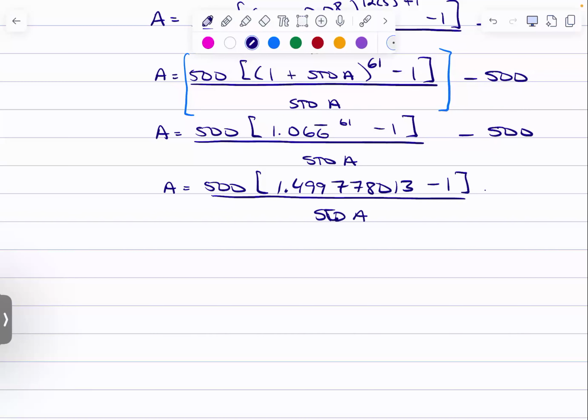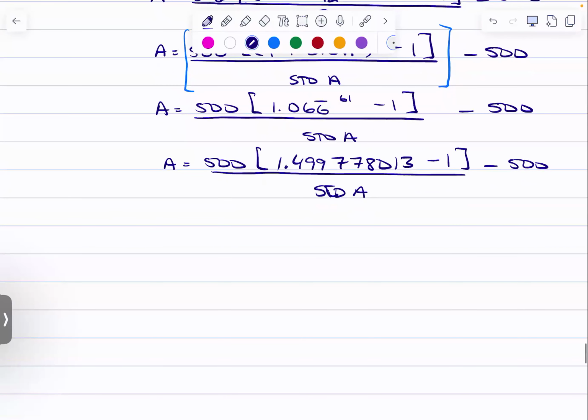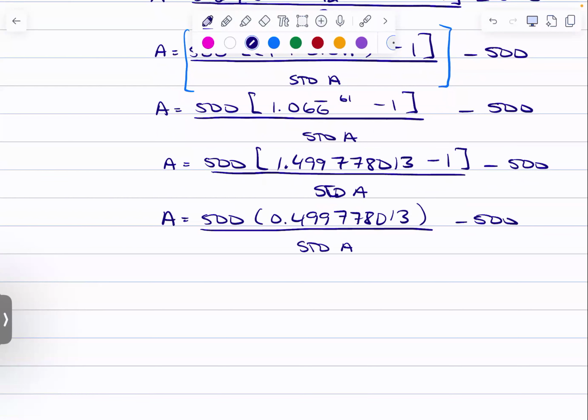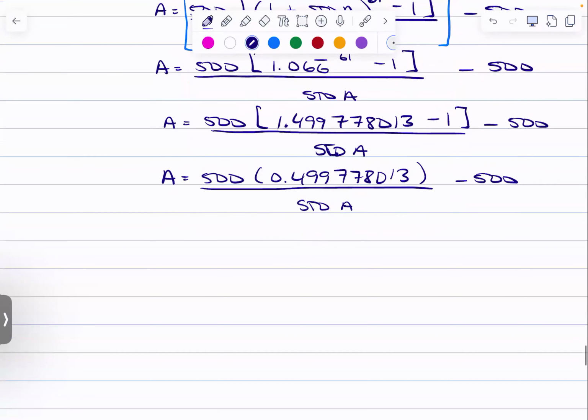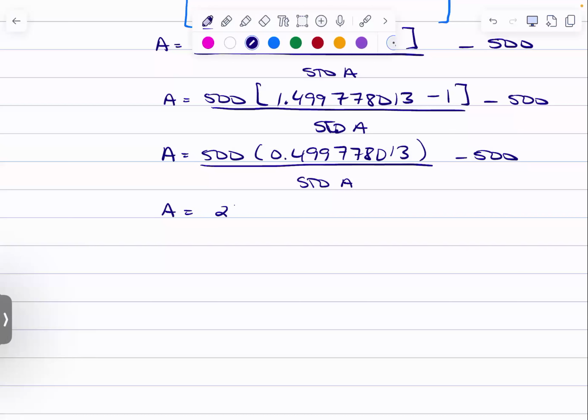Minus 500. $500 times 0.499778013 divided by store A, times 500. Getting close. 249.889065 divided by store A minus 500.